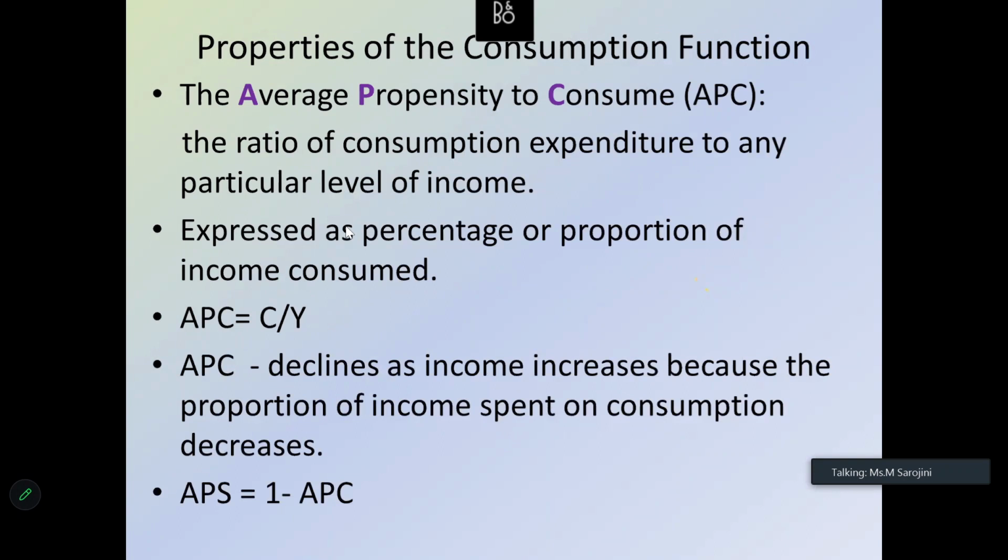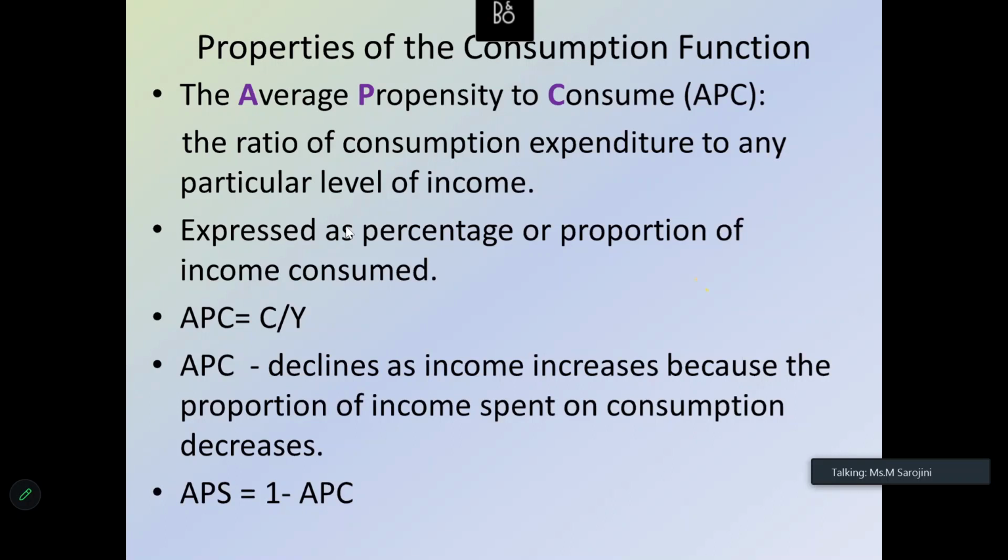The other one is the properties of the consumption function. The first one is the average propensity to consume. Average propensity to consume means the ratio of consumption expenditure to any particular level of income.